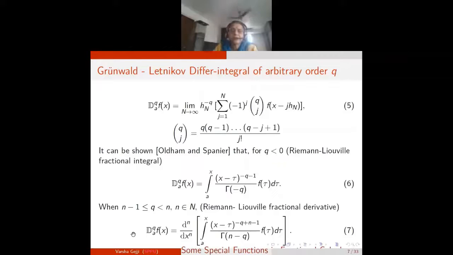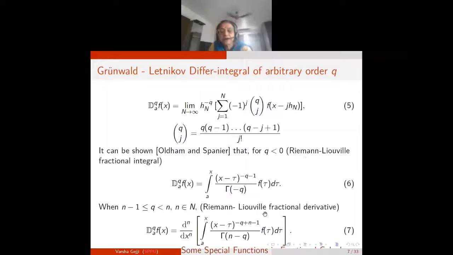Even a student who has done BSc mathematics should be able to follow that. This is not very advanced or abstract mathematics. So this is a generalization that is equivalent to 7, and this is what is popularly used.